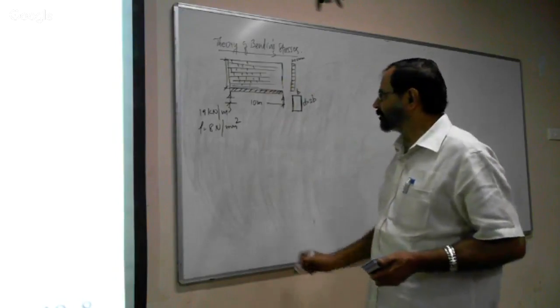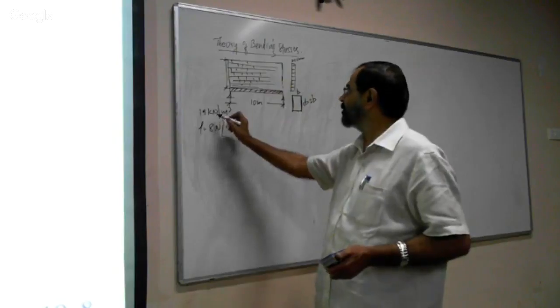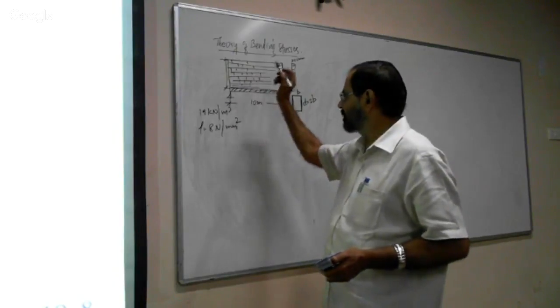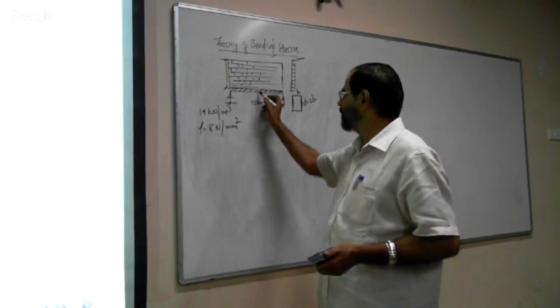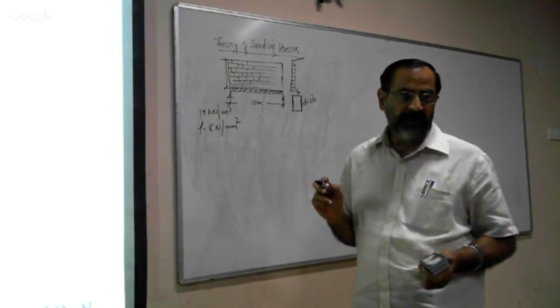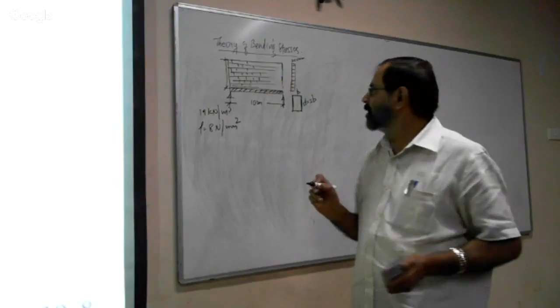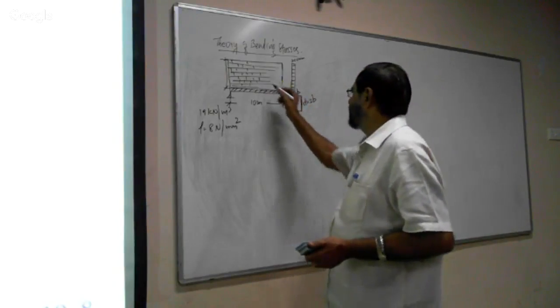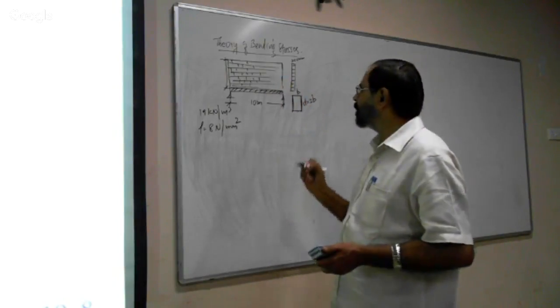They have given the unit weight of the brick wall and the stress in the beam. Now we need to calculate the size of the beam required to carry this load.